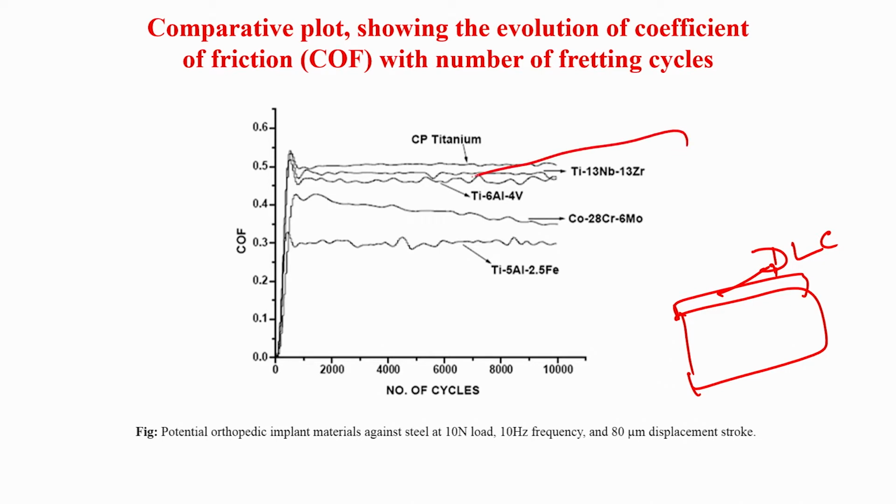And here you can see that there is a series of titanium-based alloys which are of relevance to clinical applications. For example, titanium 13% niobium, 13 zirconium, or Ti6Al4V, which is extremely widely used, or titanium 5% aluminum, 2.5% iron.